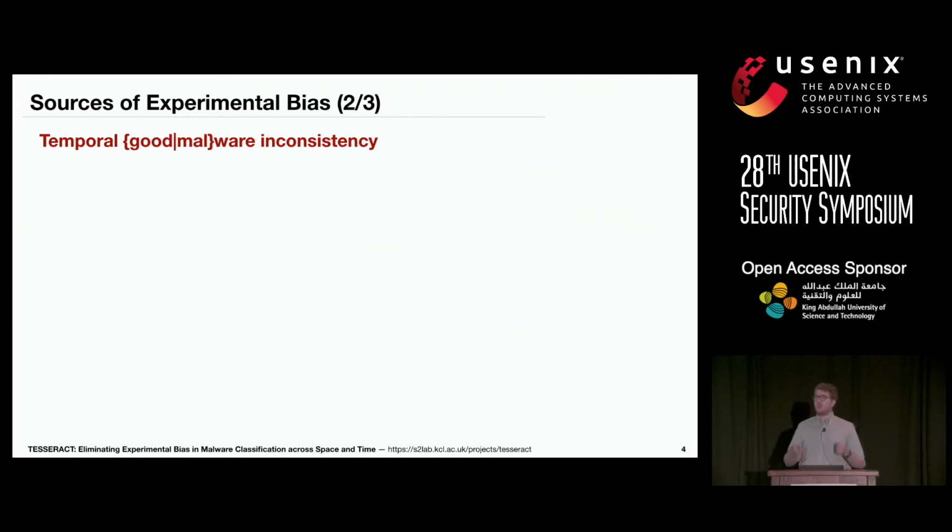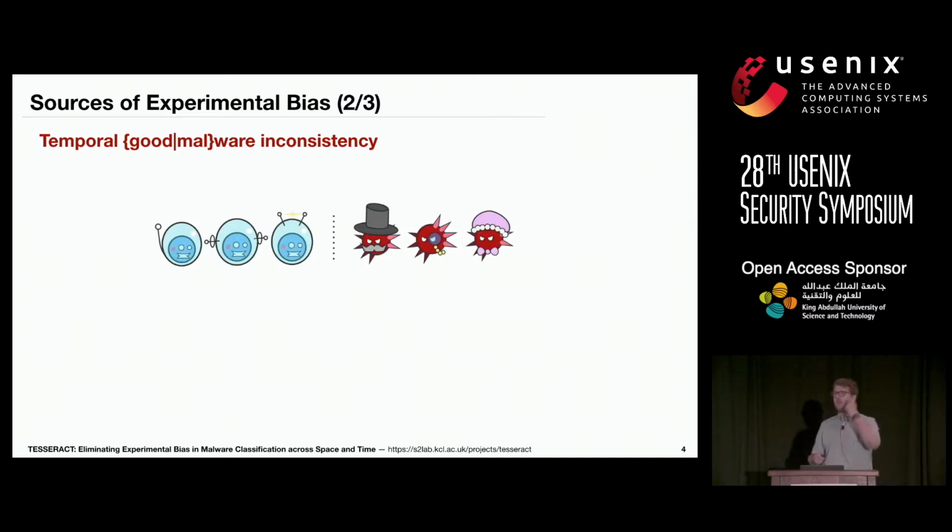The second source of experimental bias is related to the composition, the consistency over time, of the goodware and malware in your dataset. Let's say that we have 3 goodwares on the left with fancy space hats because they are from 2019.